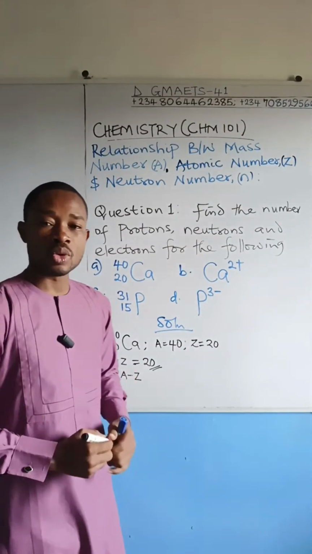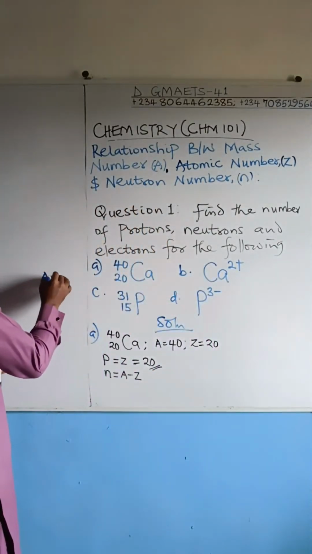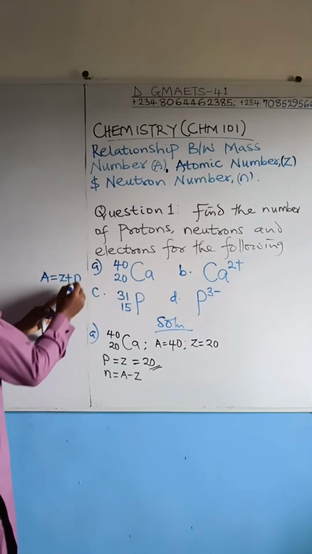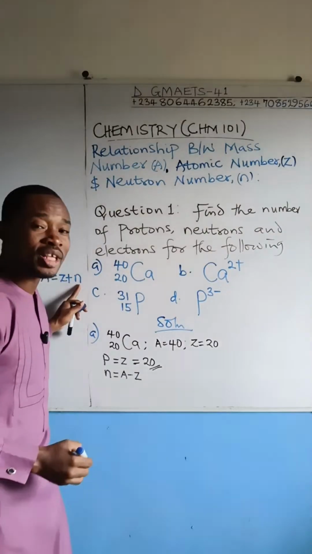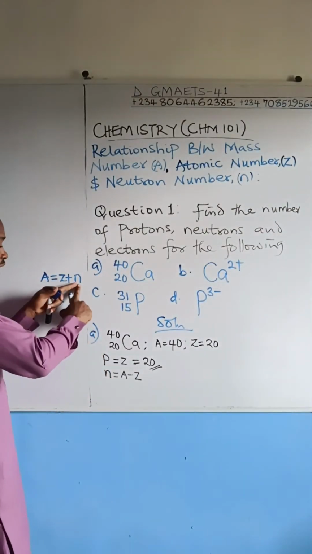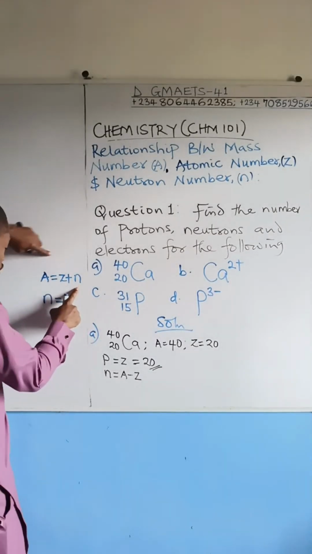Remember equation 1: mass number is equal to atomic number plus neutron number. To make the neutron number the subject of the formula, you move Z to meet A.